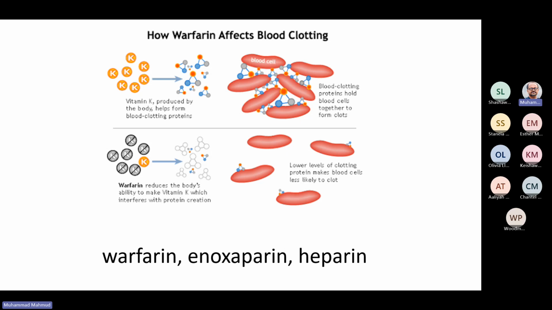So warfarin, enoxaparin, heparin belong to that group, anticoagulant, that does not allow blood to clot. Because clotting inside the body is very much fatal. And to remember those names, you see they all have arin at the end. Warfarin, enoxaparin, heparin. This is anticoagulant.